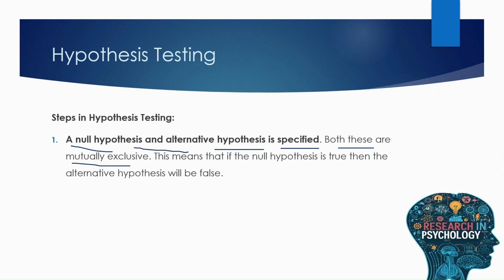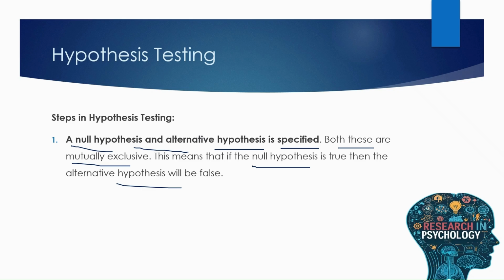Similarly, both of them cannot be false. If one is false, the other will definitely be true. That's what is meant by being mutually exclusive. So the first step is what? A null hypothesis and an alternative hypothesis is specified.